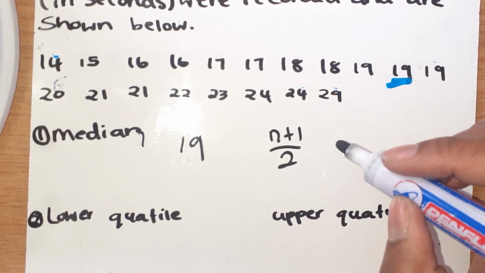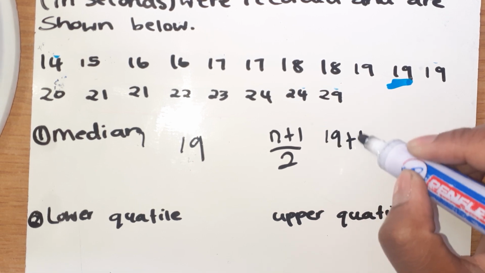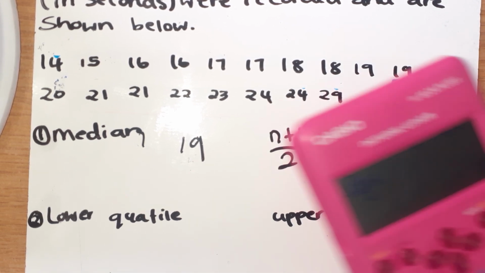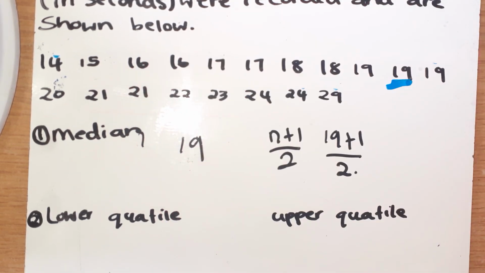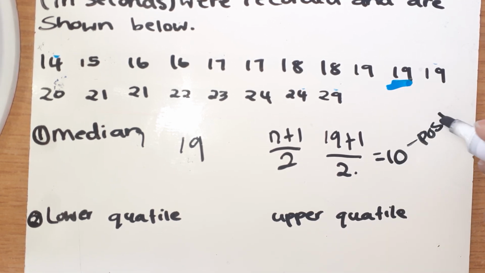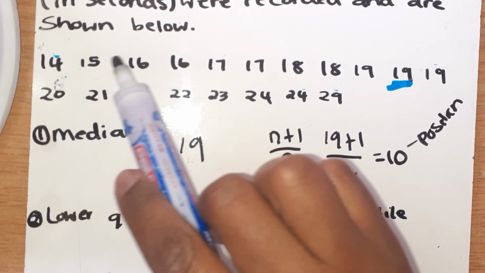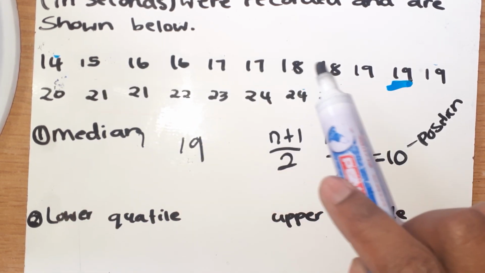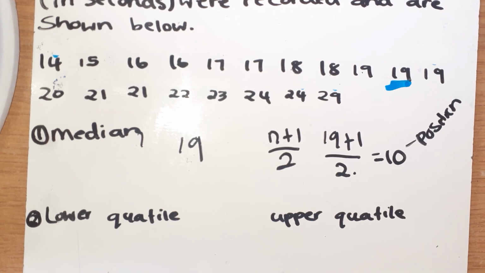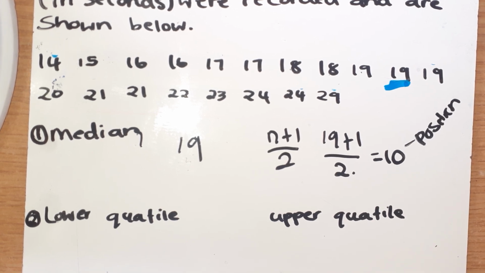So n is 19, so 19 plus 1 over 2. And when you punch that into the calculator, it will give you 10. Remember, this 10 is the position, not the number. So you count 1, 2, 3, 4, 5, 6, 7, 8, 9, 10. It's still the same. The median is 19 in position 10.